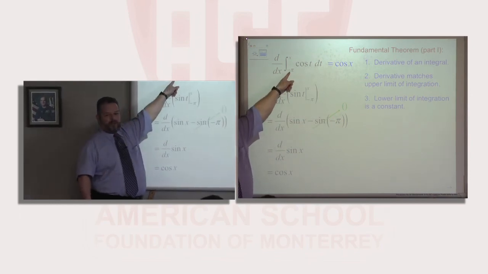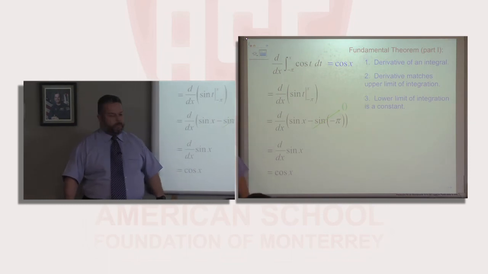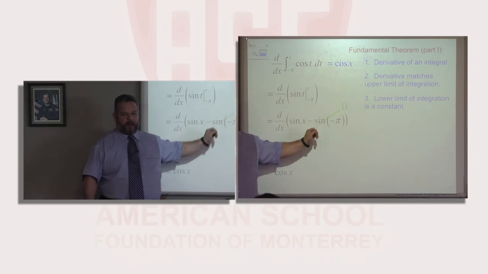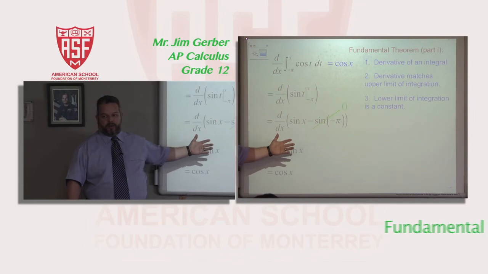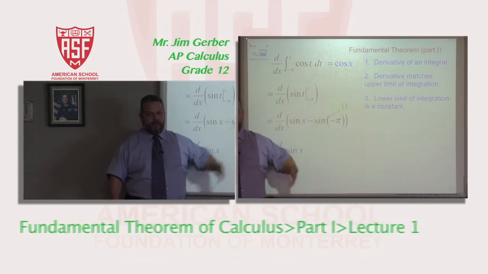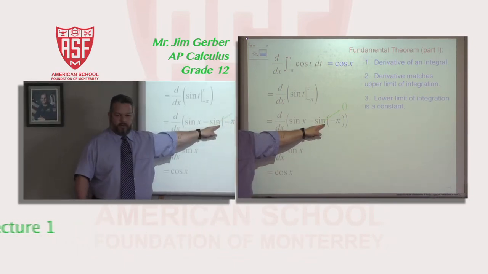By the way, were we just really lucky that this happened to be 0? In other words, what if this wasn't minus pi? What if this was, say, pi over 2? Then this would be what? A 1. Would that screw things up? Why not? Yeah, because we're taking the derivative of it. It doesn't make any difference what we get here as long as it's a constant, because the derivative of every constant is 0. And is this always going to be a constant?